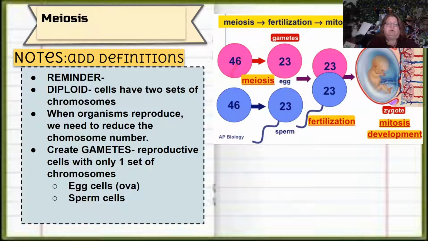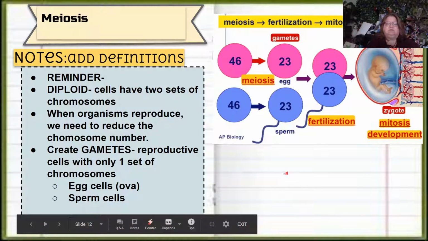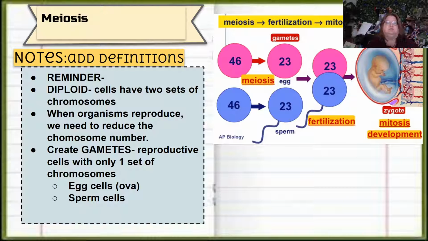So what we want to focus on in this video is the process of meiosis, reducing those chromosomes in half. Now, if we have two sets of chromosomes, that means we have two chromosome 1s, two chromosome 2s, two chromosome 3s, and it's going to be from mom and dad. So we've got one chromosome 1 from mom, one chromosome 1 from dad, one chromosome 2 from mom, one chromosome 2 from dad.